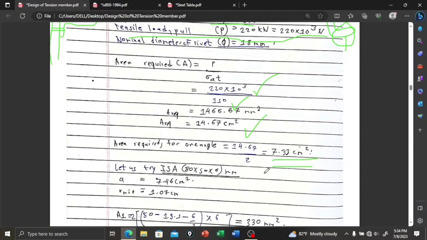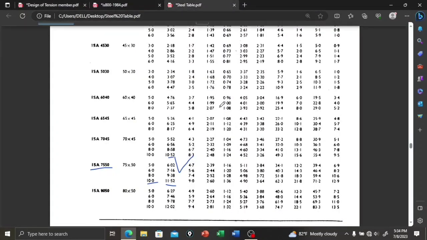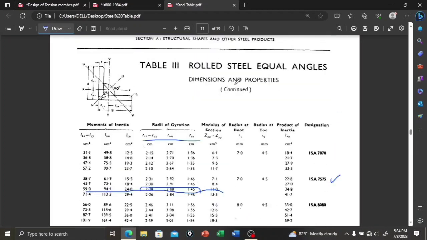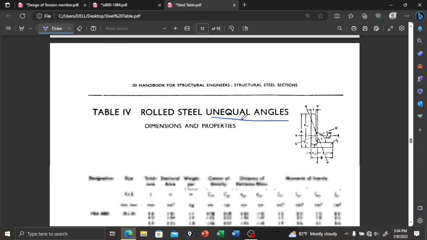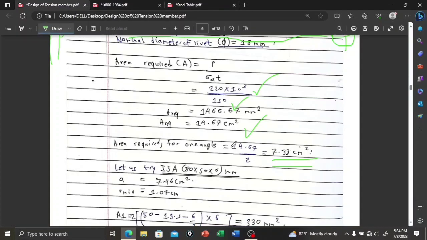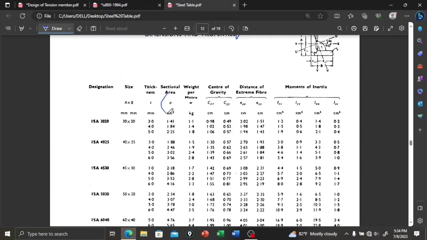Let us try this. So we have to choose an unequal angle section with area greater than 7.33. This is angle, so we need to choose unequal. Area was 7.33, so we need to choose greater than 7.33 centimeter square.